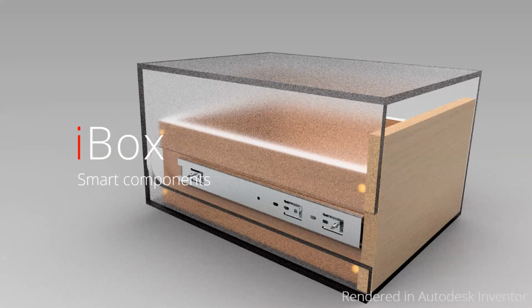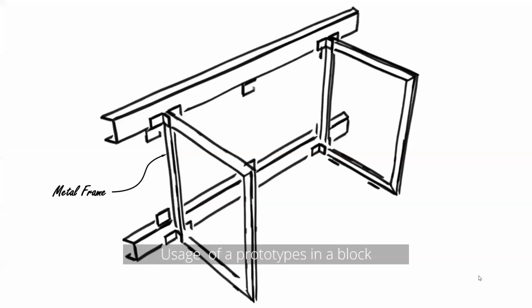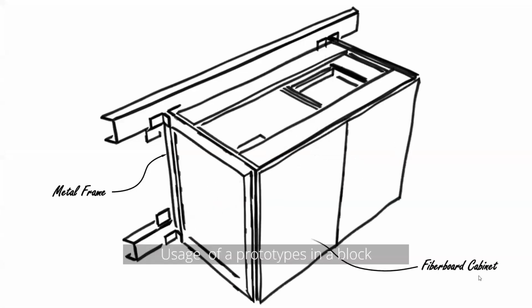By that I mean that they can have some iLogic rules which define how the component behaves when you change the depth or height of the item. In this example, the length of the slider of a drawer automatically switches to the next value when the depth changes. So in this case, we will define the prototype of the cabinet.